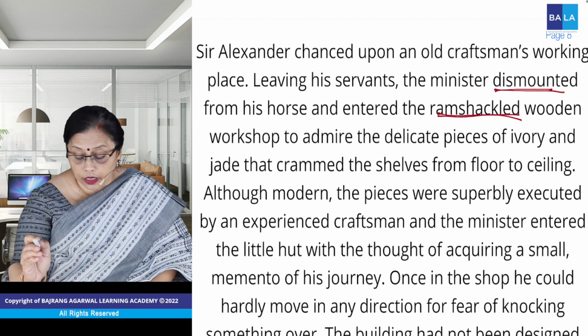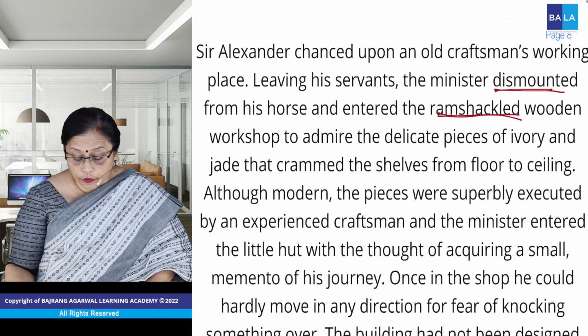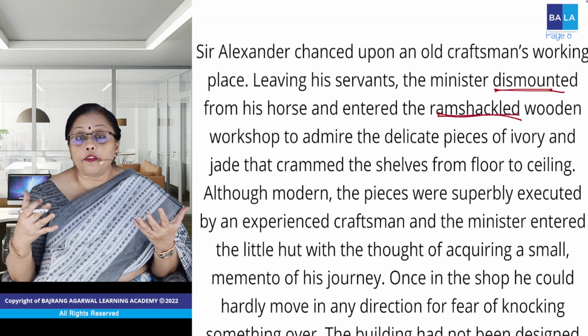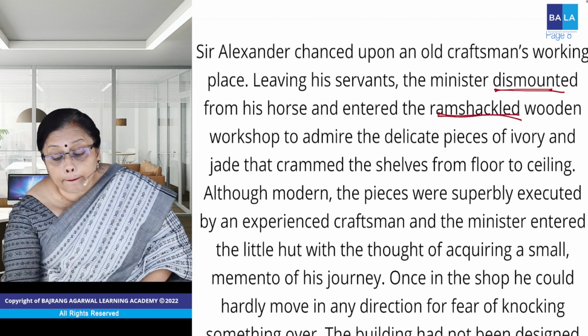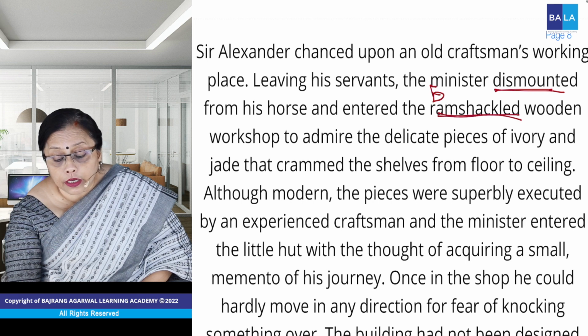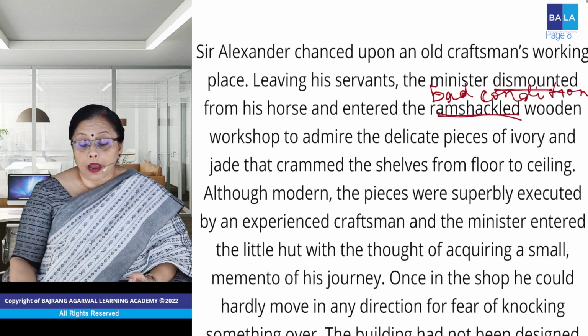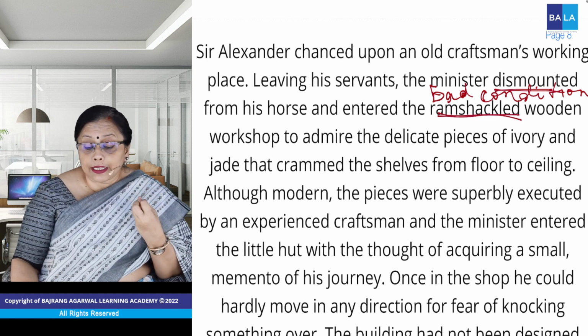The ramshackle. What is the meaning of ramshackle? It means it was in a bad condition. That particular wooden workshop was in a bad condition, ramshackle. But it had beautiful, delicate pieces of ivory and jade statues to admire.